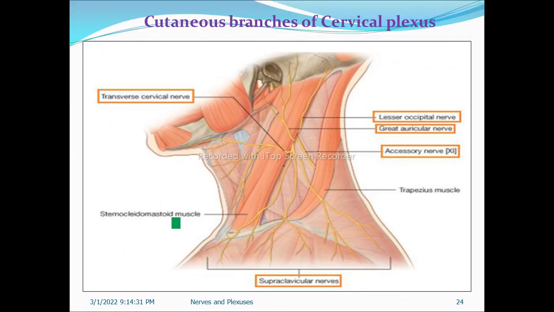And to make this picture clear, this is lesser occipital nerve, this is greater auricular nerve, this is accessory nerve, cranial nerve 11, this is transverse cervical nerve. Transverse cervical nerve divides further into superior and inferior branch, and this is supraclavicular nerve. So this is anterior branch, middle branch, and posterior branch.